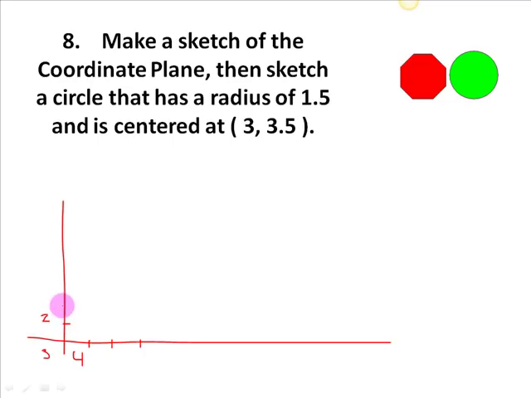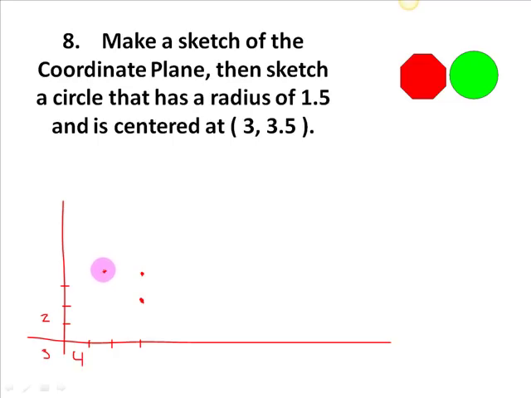So I'll sketch here 1, 2, 3, and 0.5 would be somewhere about right there. So the center of my circle is going to be here. The radius of my circle is going to be 1.5, so I'm going to go down 1.5 to about here. That dot will fall on the circle, and then I go over 1.5.